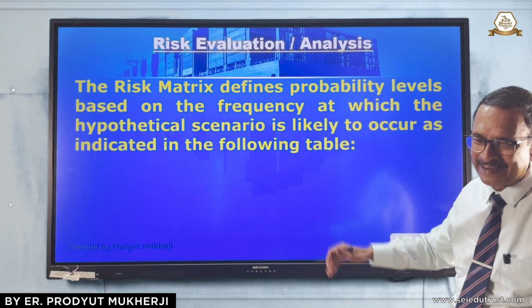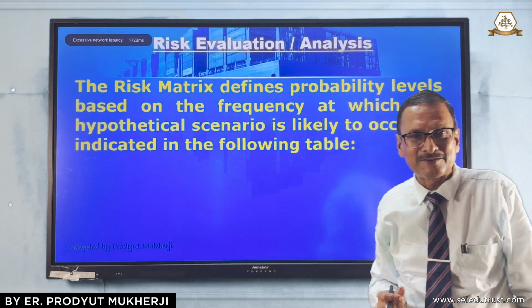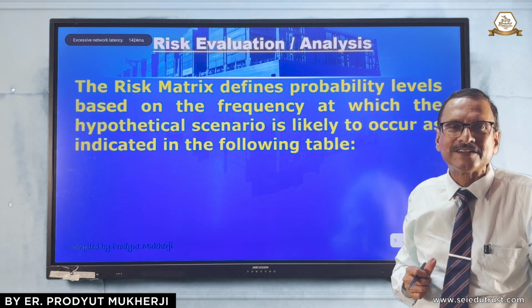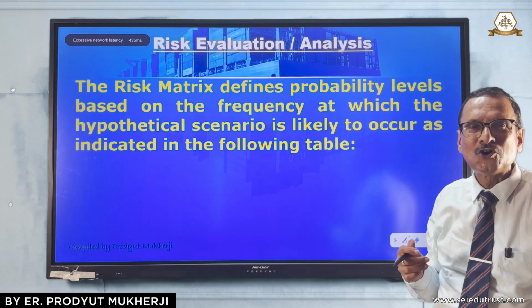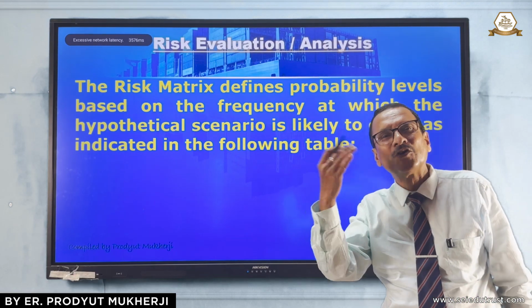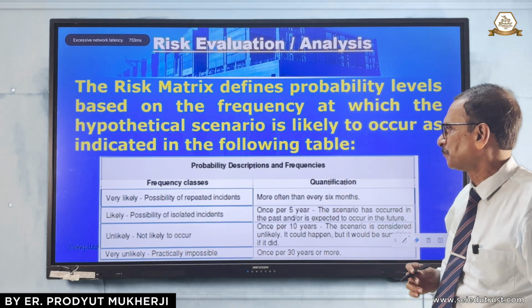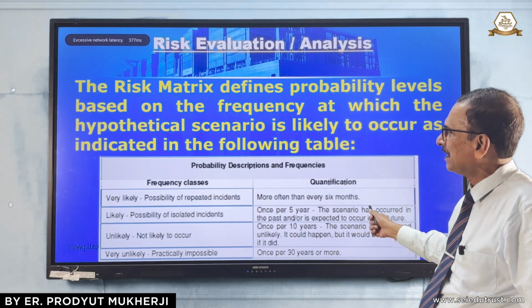The risk matrix: to get that product of probability and consequences, there is a standard risk matrix on board from which we will come to know the risk, how severe it is or how less severe it is. So frequency is very likely, more often than every 6 months.